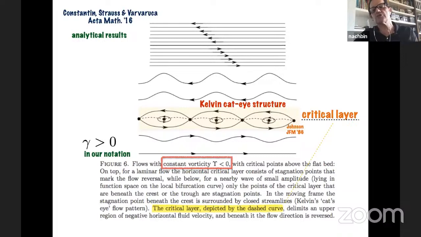Basically, the critical layer, sometimes called by this dashed line, sometimes called a layer by this cat-eye structure, is a region that separates the flow region into left and right going flows. So can one capture this, including the cat-eye structure, the exact locations of the center, the exact locations of these saddle points, and so on?